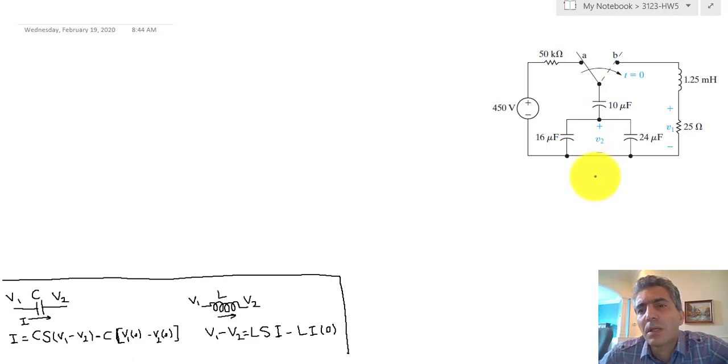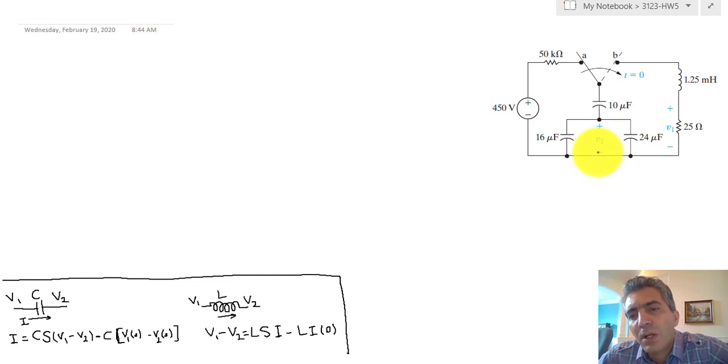So if we use that, these two added to each other is a 40 microfarad capacitor, and then the 10 and 40 in series to each other would be 8 microfarad capacitor. And doing so, I can simplify the circuit, and I'm going to start using that.